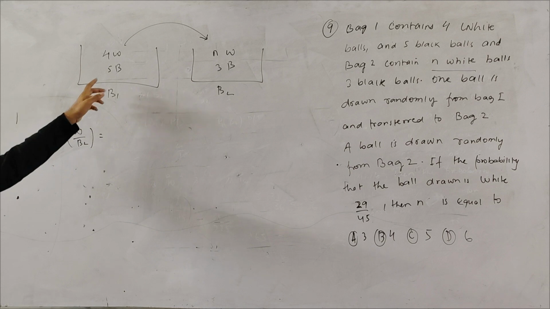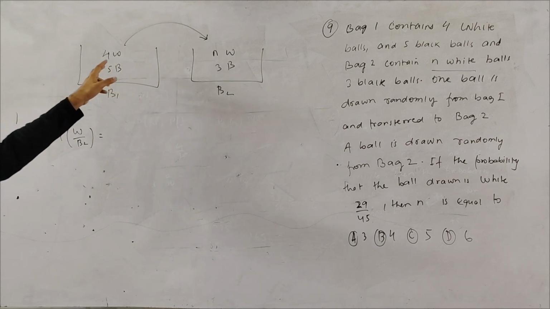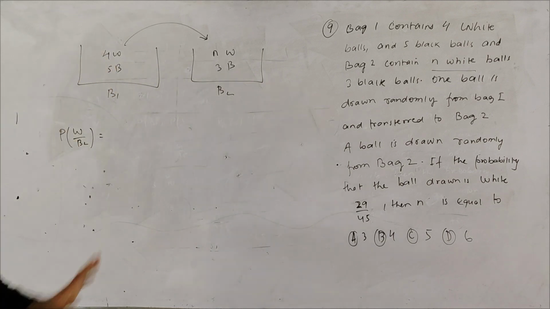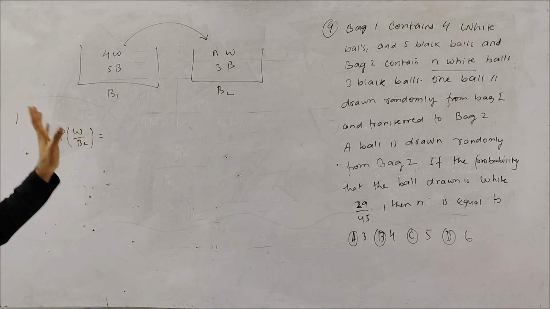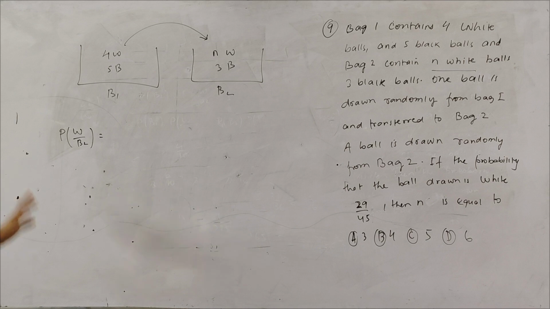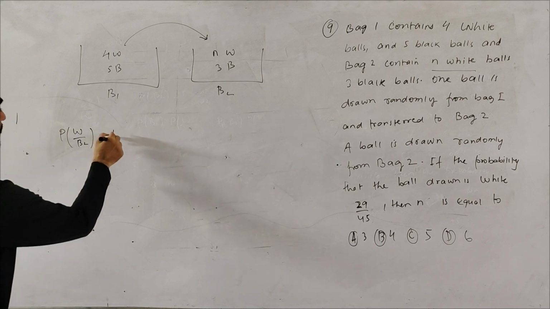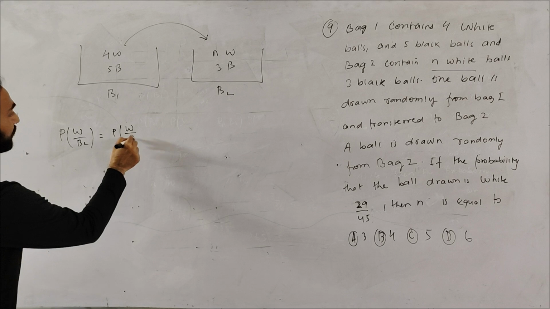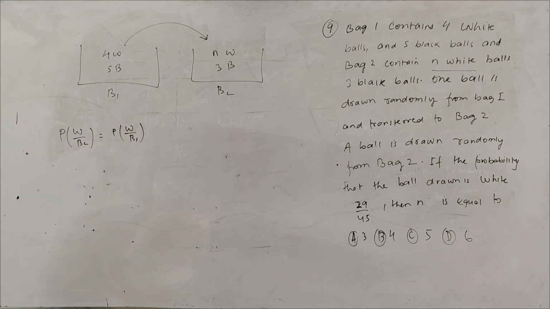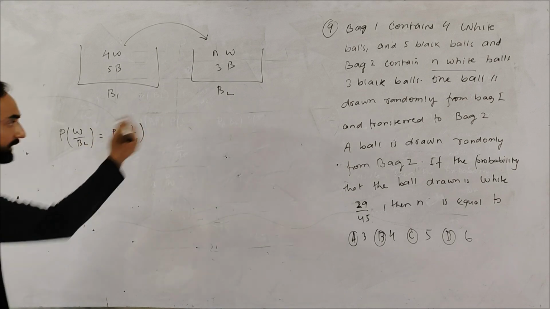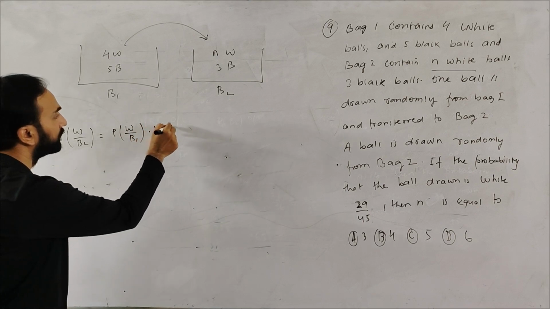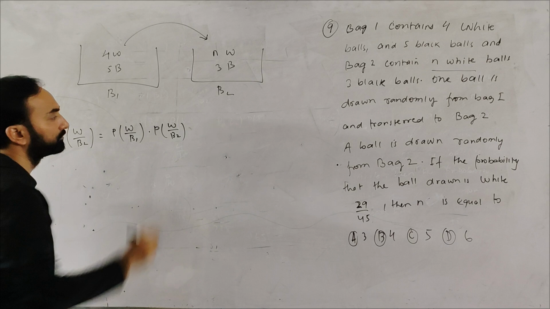Now what are the conditions? What is the probability of choosing the white ball here? It can be the probability of white from bag 1, and then continuing with the probability of white from bag 2.